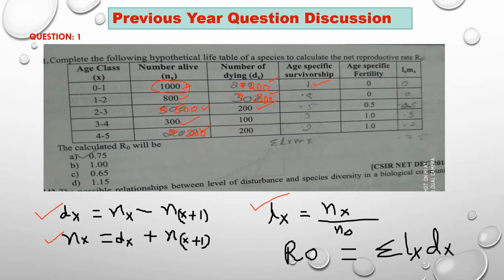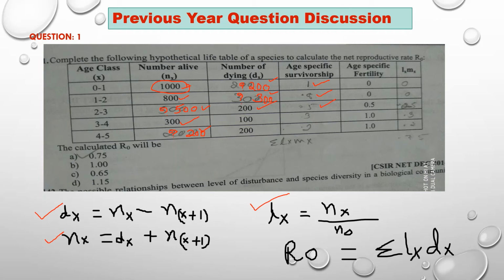In age class 1 to 2, Nx 800 divided by N0 1000, 800 by 1000, 0.8. In age class 2 to 3, Nx 500 divided by N0 1000, 0.5. So Lx is 0.5 in 2 to 3 age class.